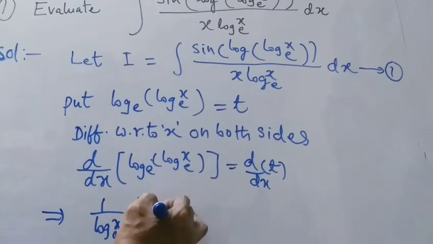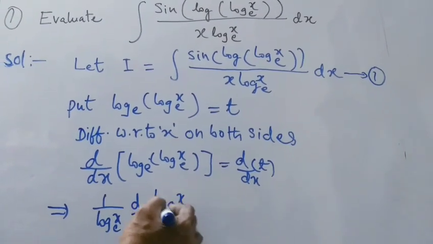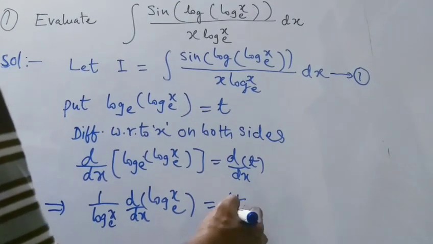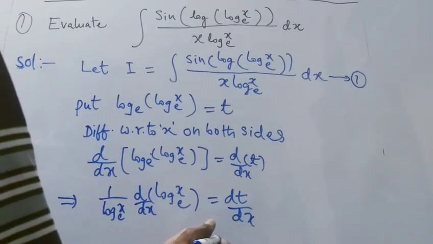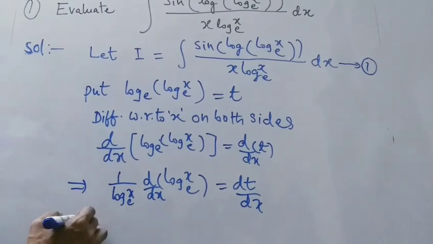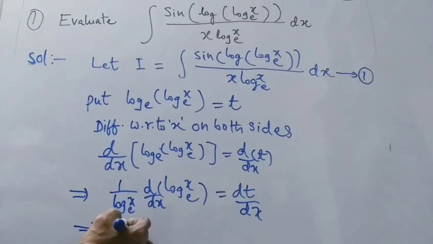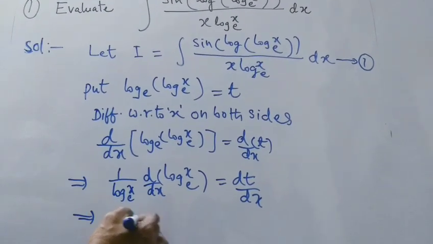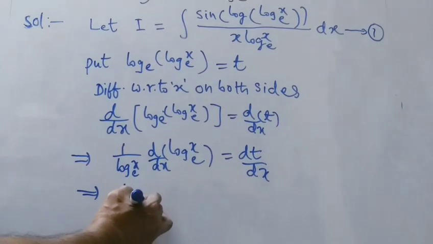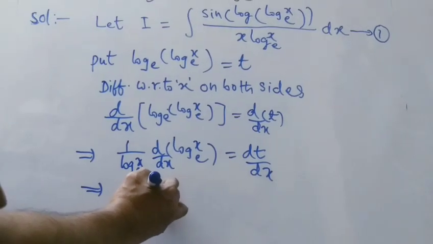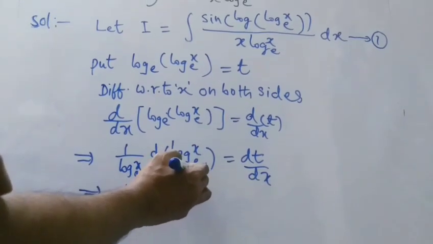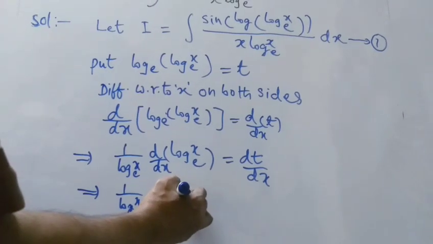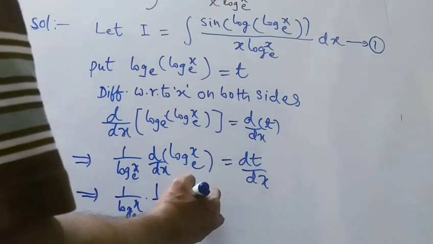Into the differentiation of the internal function, log x to the base e, is equal to dt by dx. Plus 1 by log x to the base e into differentiation of log x, which is 1 by x. 1 by x is equal to dt by dx.